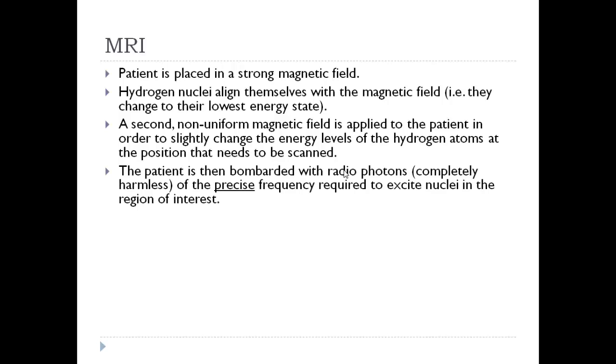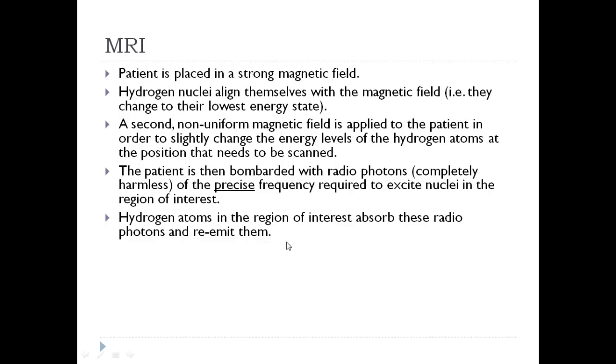And then we bombard the patient with radiophotons. These do not cause any ionization as they don't have enough energy. They are completely harmless to the patient. And these radiophotons have the precise frequency required to excite the nuclei in that region of interest. And the region of interest is the one where we've applied a slightly different magnetic field.